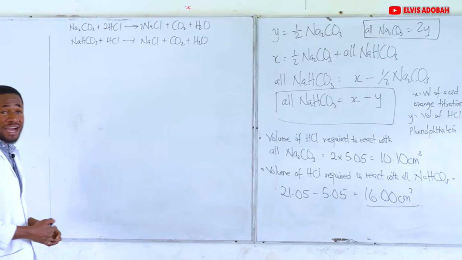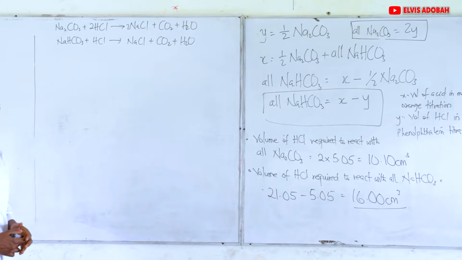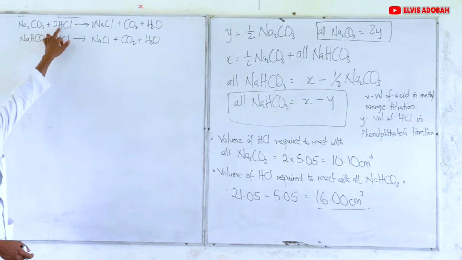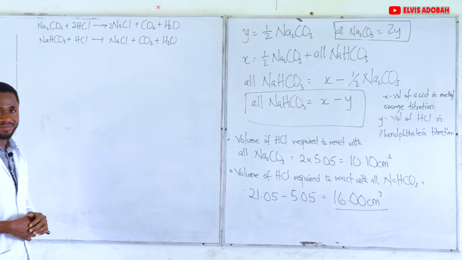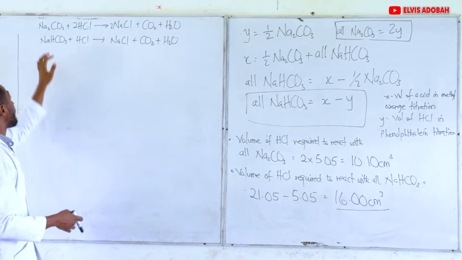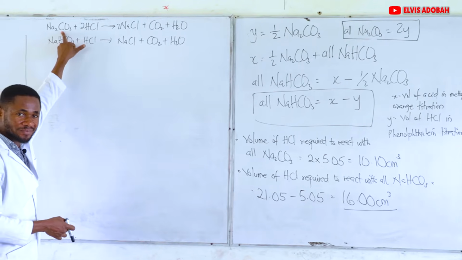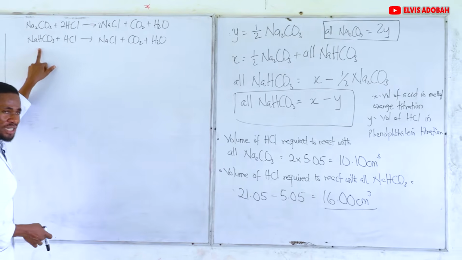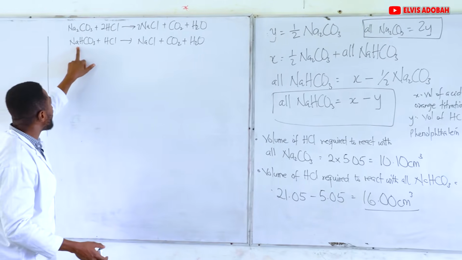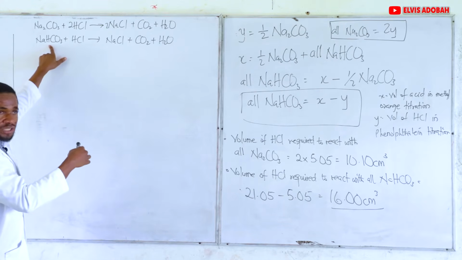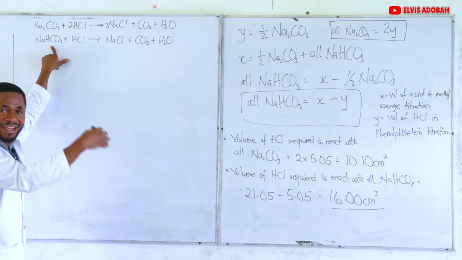In the first chemical equation, we have a relationship between sodium carbonate and hydrochloric acid. So that one will help us to find the concentration of sodium carbonate. In the second equation, we have a reaction between sodium bicarbonate and HCl. So that one will help us to find the concentration of sodium bicarbonate.